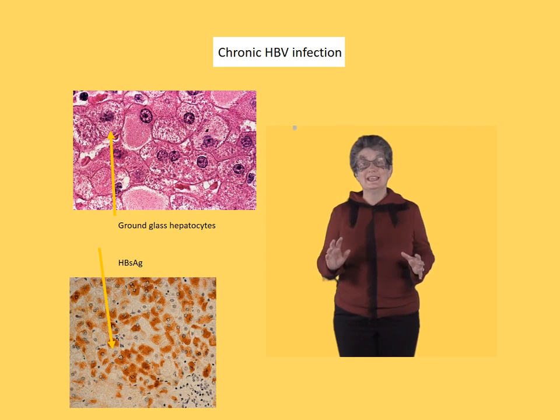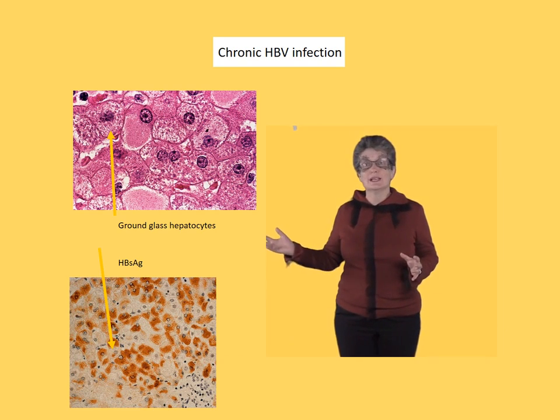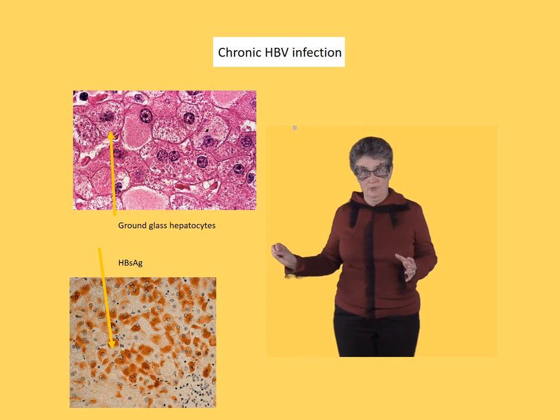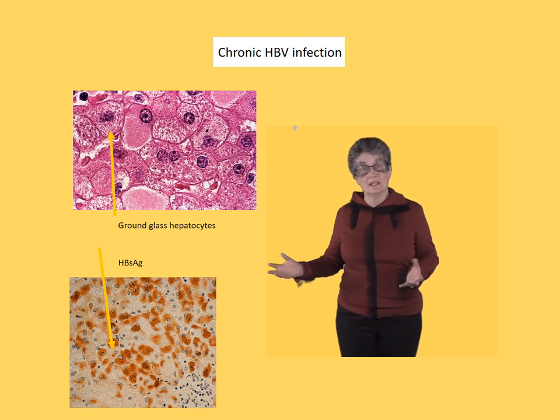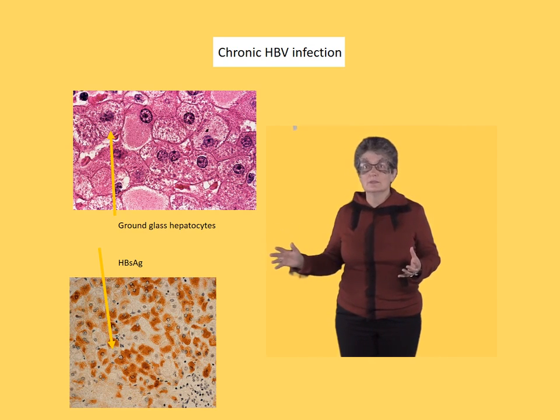These pictures illustrate the changes in chronic hepatitis B infection. These are the ground glass hepatocytes. What they are is viral protein products that have accumulated in the cytoplasm of cells, filling it up and causing it to have this pink ground glass appearance.